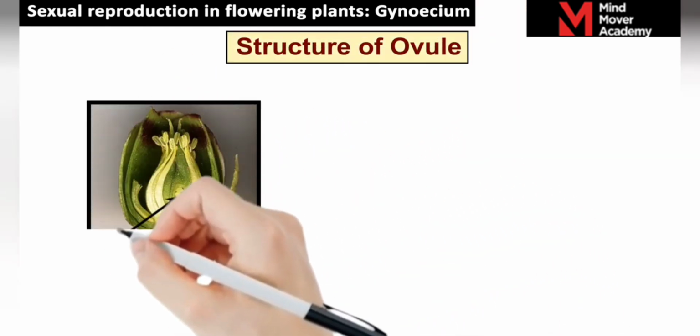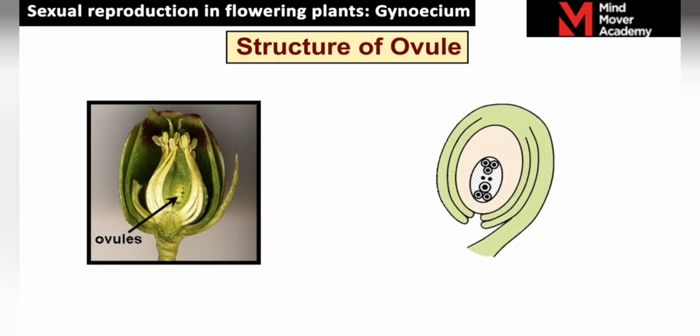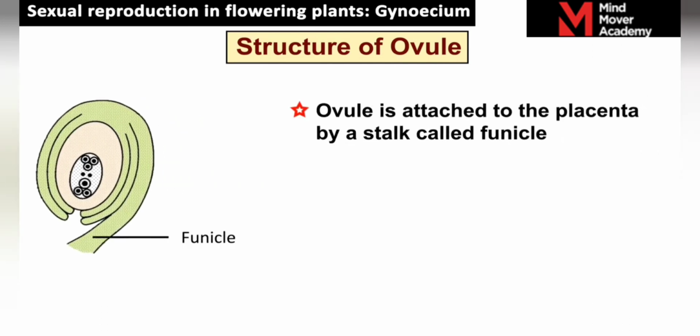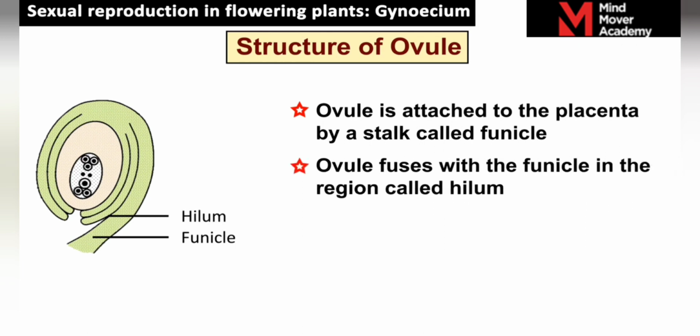Now, let us become acquainted with the structure of a typical angiosperm ovule. The ovule is a small structure attached to the placenta by means of a stalk called funicle. The body of the ovule fuses with the funicle in the region called hilum. Thus, hilum represents the junction between ovule and the funicle.